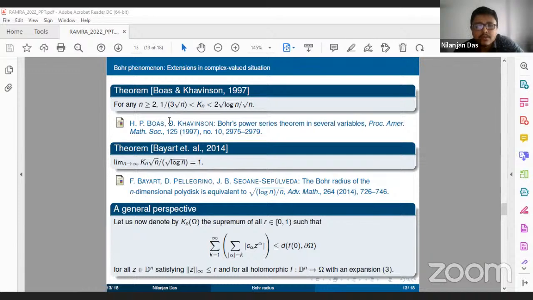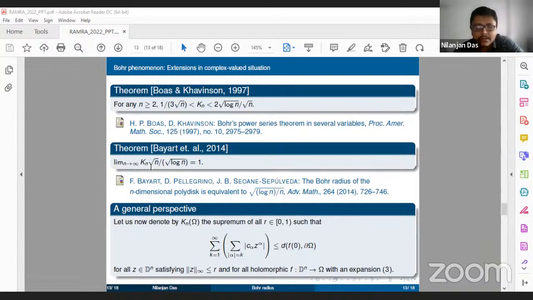Okay. The best result known in this direction so far is given by Frederick Bayart and two other mathematicians in 2014, which states that K n behaves asymptotically as square root of log n divided by square root of n as n tends to infinity.